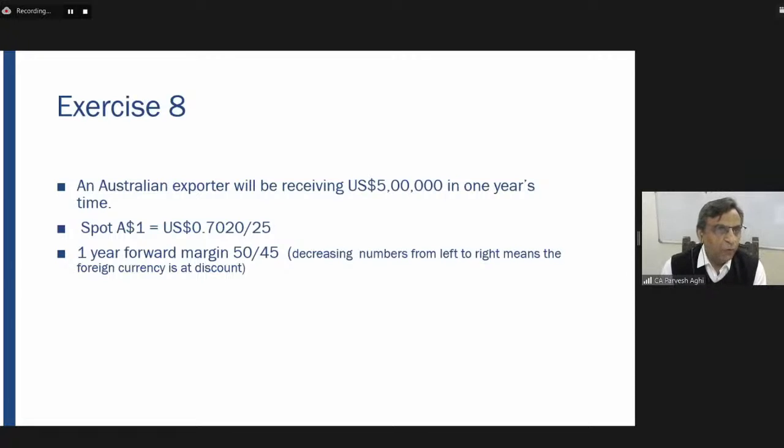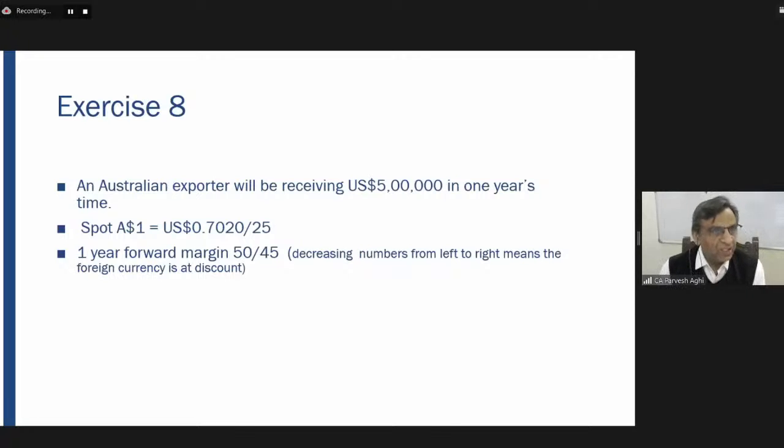Now 1 year forward margin is 50/45. I have added this line: decreasing numbers left to right means foreign currency is at discount. Normally it would be 45/50, then we simply add them, but when it is 50/45, that means the currency is at a discount in the 1 year forward margin.